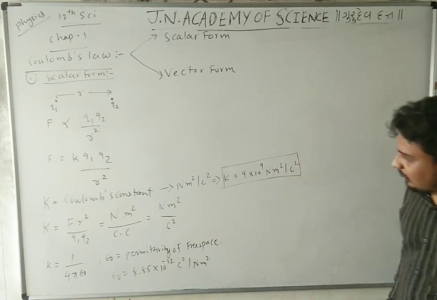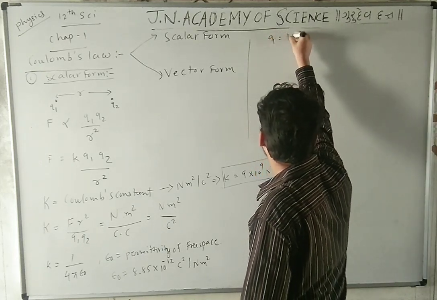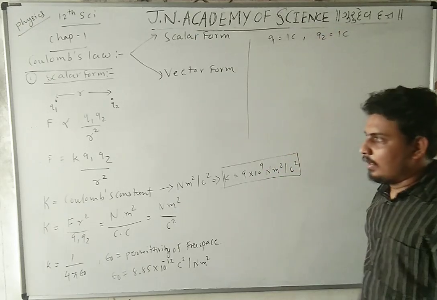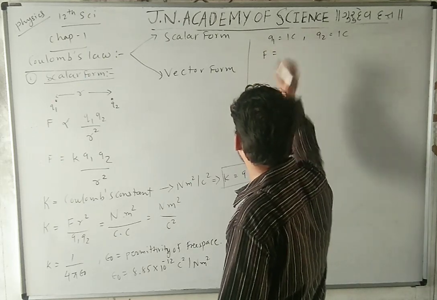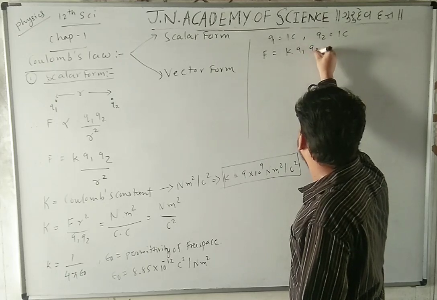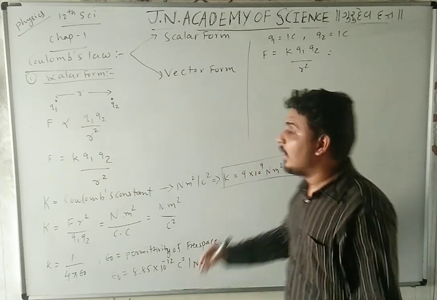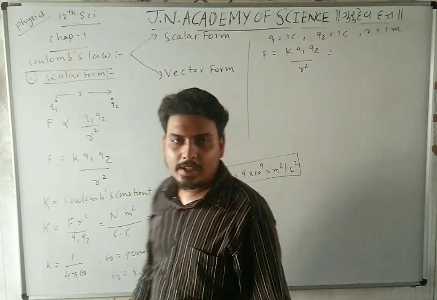Now let us consider unit point charges, say 1 Coulomb q1 and 1 Coulomb q2. Then what will be the value of force? It is K q1 q2 by r square. Let us say the distance is unit, r equals 1 meter.